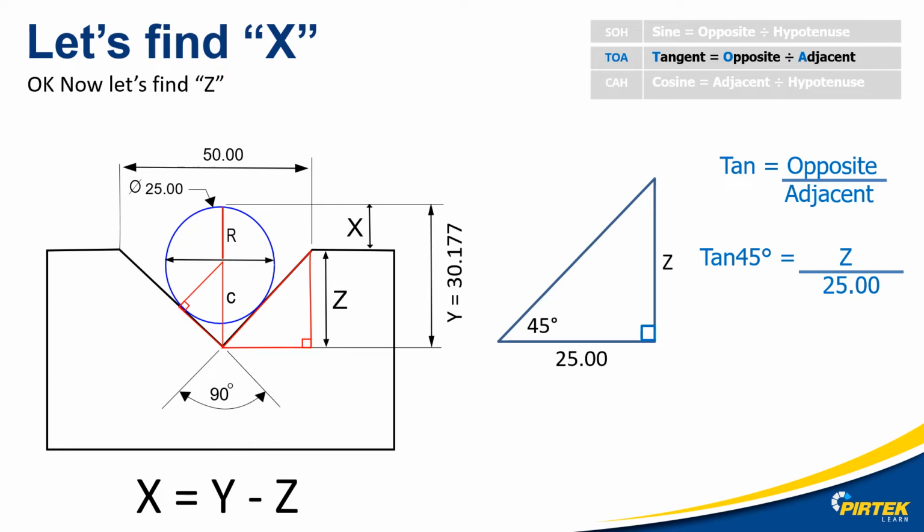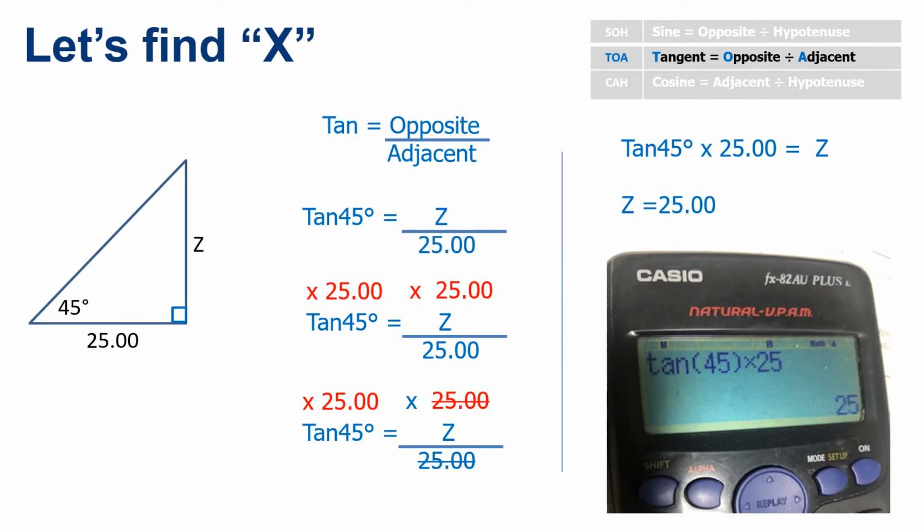Therefore, tan 45 degrees equals Z, which is the length we're looking for, divided by 25. There's our special triangle again, but we're going to use tan in this example. Tan equals opposite over adjacent. Therefore, tan 45 degrees equals Z divided by 25.